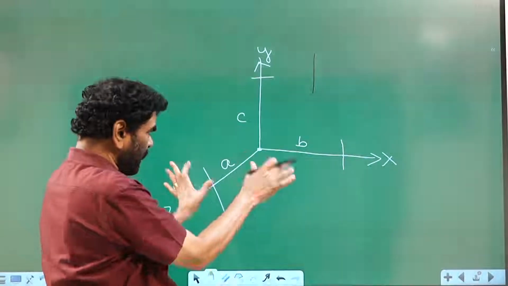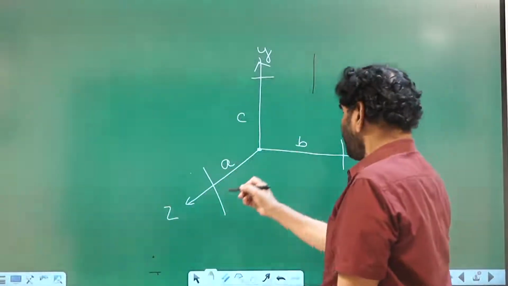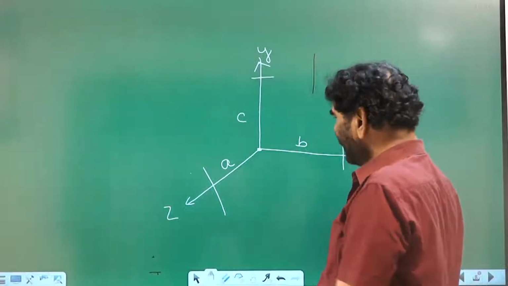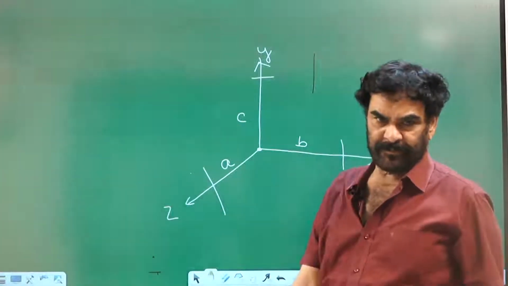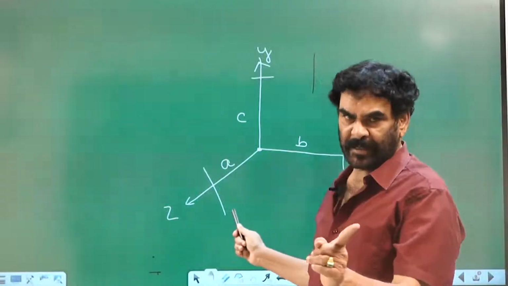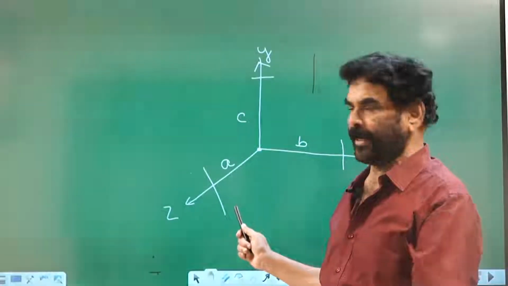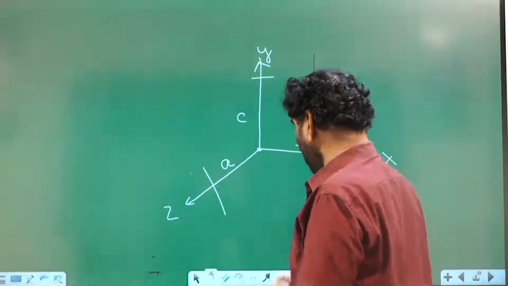These are called edge lengths or axial lengths. They can be equal or anything. See, the edge A is towards your side. It may be any coordinate, x, y or z. Now, the angles.